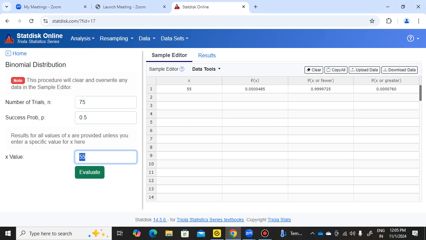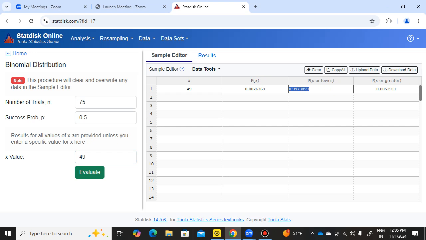We're going to do each one. So the first one is fewer than 50. That is not including 50. So we need to do 49. And then we want 49 or fewer. So this one includes 49 or fewer probability.